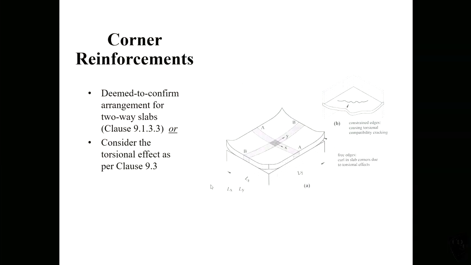But if it is a two-way slab, we need to consider the strip in both directions. So we need to do 2 types. One is B to B and A to A. If it is a two-way slab, that means supported by 4 sides, you need to design the slab in both directions. It's the same repeated work, but you need to do it in both directions.